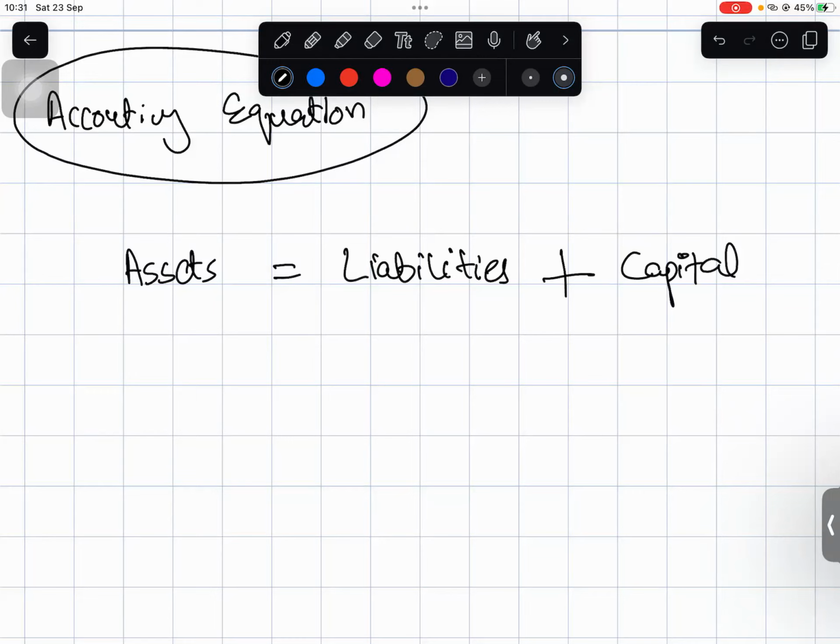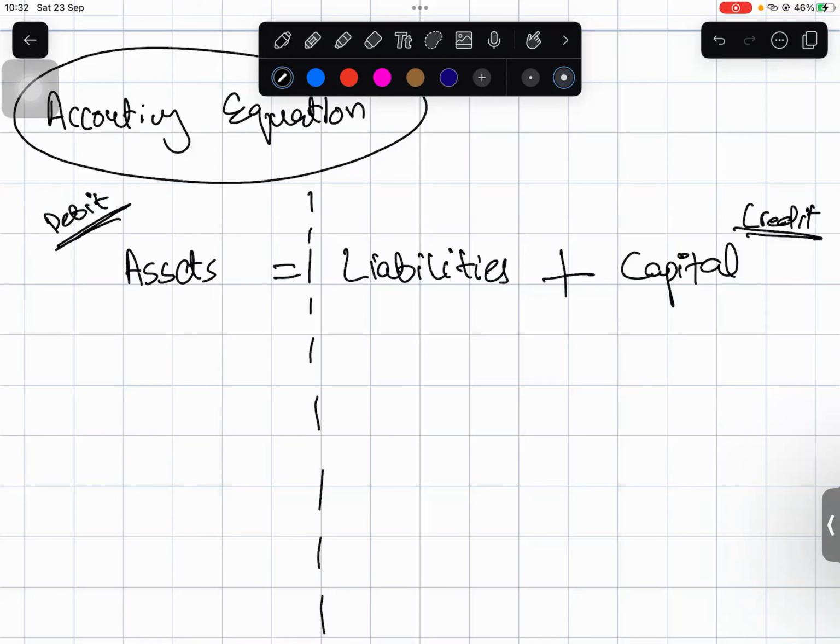So Emily, there are two sides to this. Assets is written on what side of this equation? On the debit, or the left side. That's absolutely correct. And liabilities and capital are written on the credit side of this equation, right? So this is what is telling you about the nature of these accounts: assets accounts have a debit nature and liabilities and capital accounts have a credit nature.